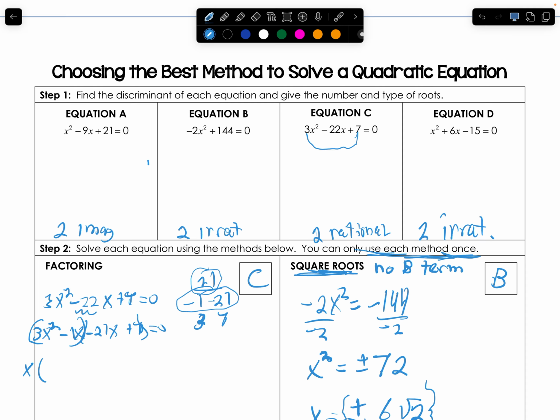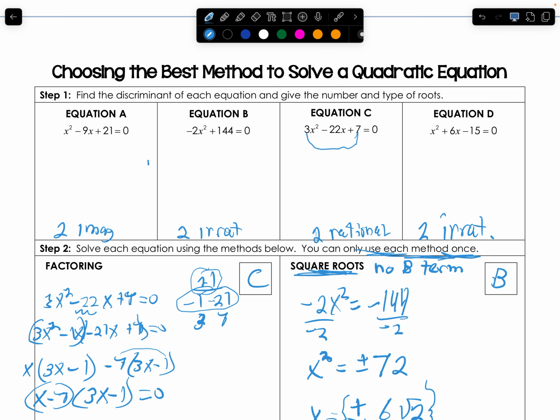x, parentheses, 3x times x is 3x squared, minus 1. Get a twin, 3x minus 1. What comes out in front? It looks like a negative 7. Negative 7 times 3, yep, negative 21. Negative 7 times negative 1, yep, positive 7. So x minus 7 is one of my factors, and 3x minus 1, the twin, is the other factor.